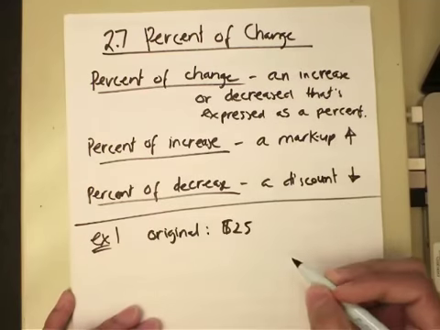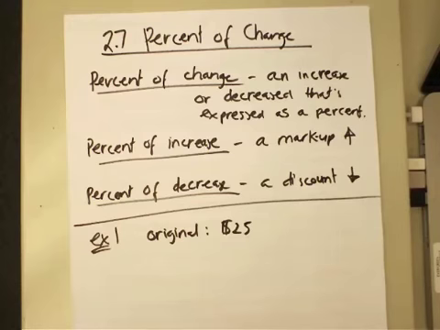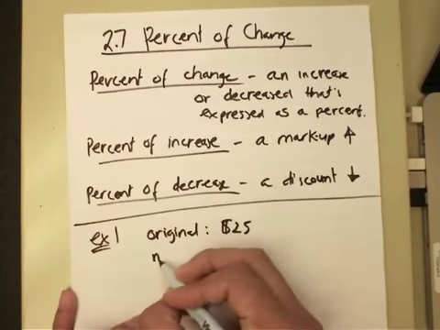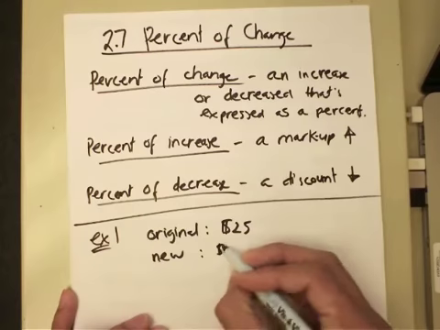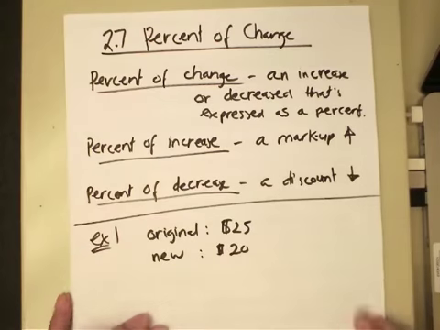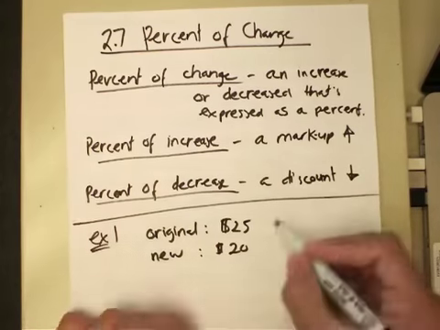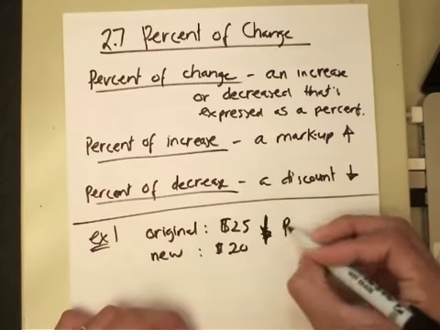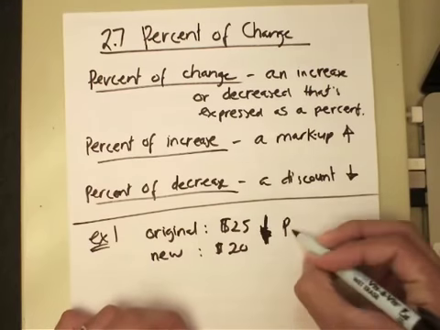Now, since you want to lower the price to lure in your customer or whoever your potential client might be, your new price, you lower it to $20. So then we want to find what is the percent of change. In this case, notice that because your price is lower, we really want to find the percent of decrease.